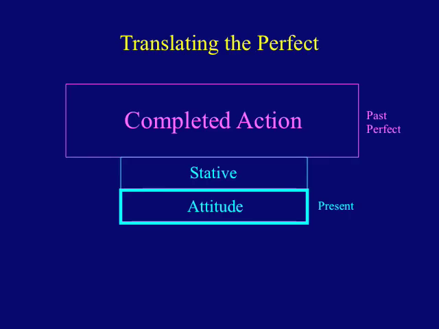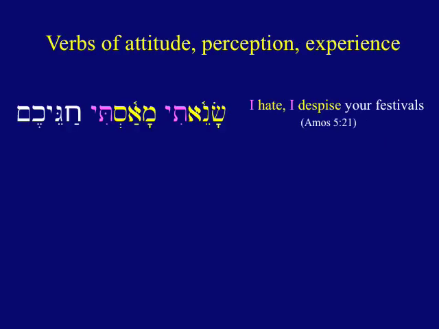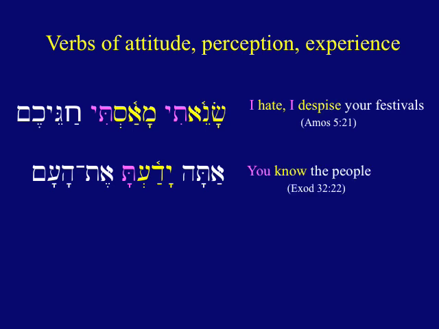Also, verbs of attitude, perception, knowledge use the perfect aspect to indicate a present state. So, saneti ma'asti hageichem, I hate, I despise your festivals, now in the present. Ata yadata et ha'am.